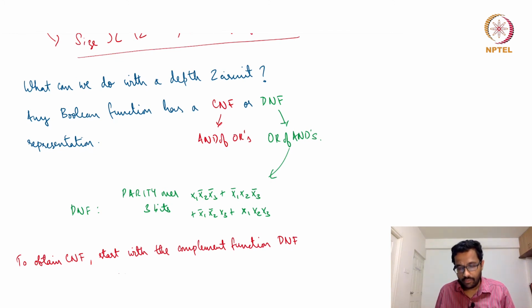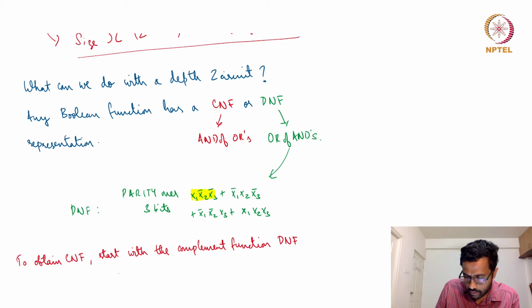In other words, you can just look at the truth table and gather all the situations where the output is 1. So the parity function is 1 when you have exactly one input bit equal to 1, or exactly 3 input bits equal to 1, right? So the one input bit equal to 1 is the first 3 terms here: x1, x2 complement, x3 complement, this one.